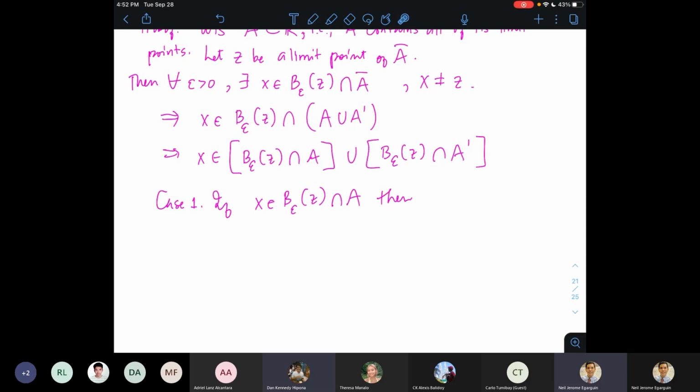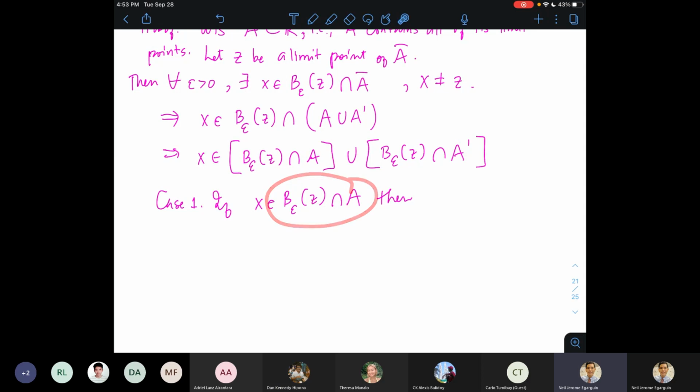Sir, does it follow po ba na X is in A? Yes, X is in A. But what about it kung naka A siya? Actually, huwag ka doon mag-focus. Mag-focus ka dito. Anong ibig sabihin ng element siya ng intersection na yan?